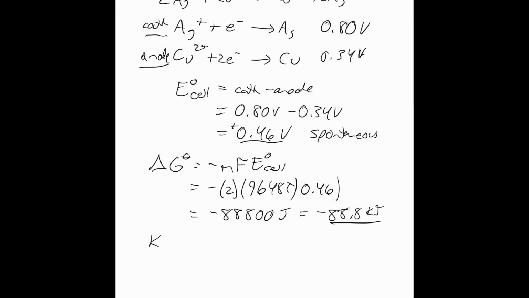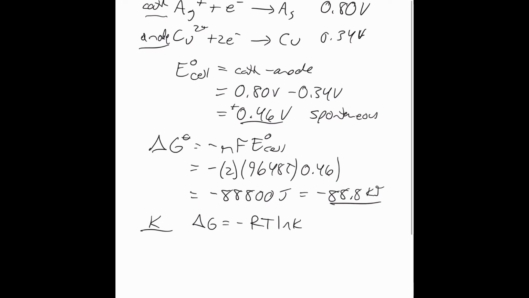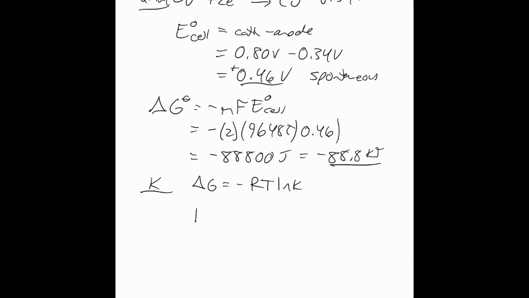So let's figure out K. We start with delta G is equal to minus RT natural log of K. That means K is equal to e to the minus delta G over RT. So it would be 88,800 over 8.314. And actually, I didn't specify a temperature, did I?